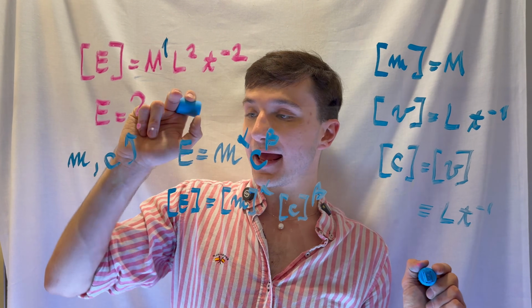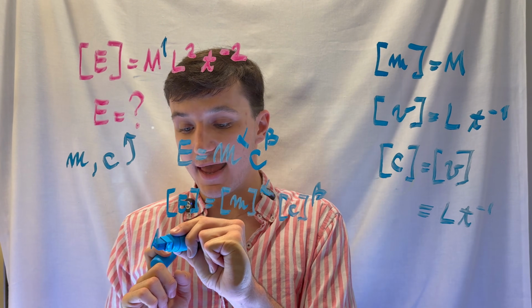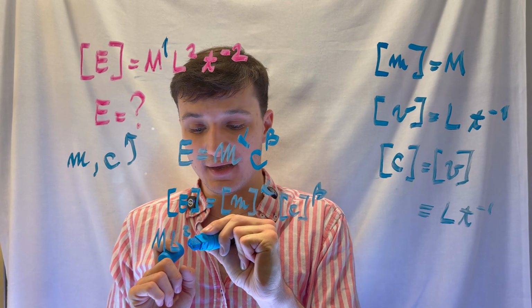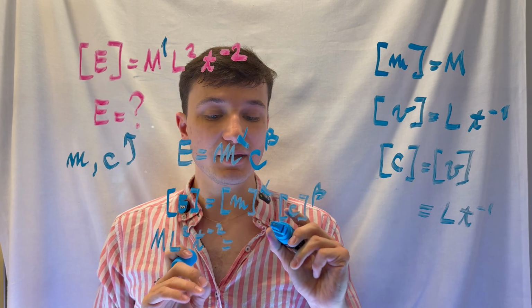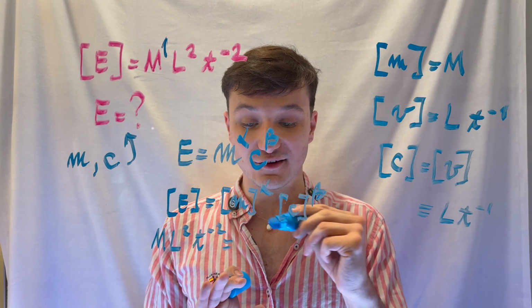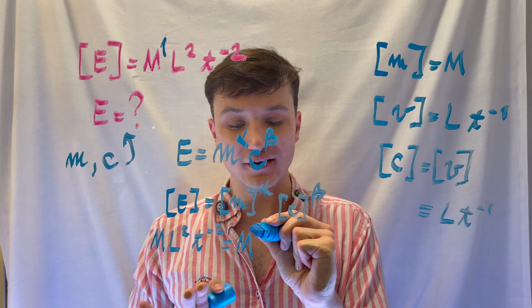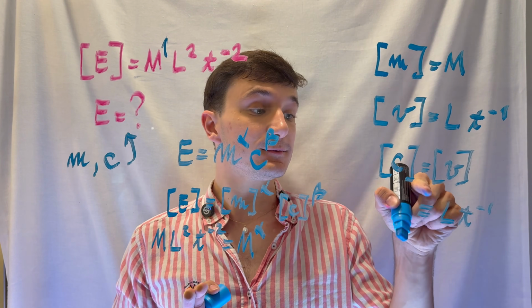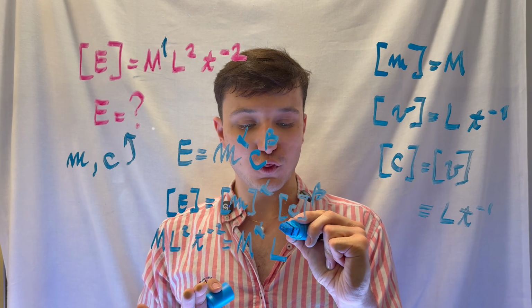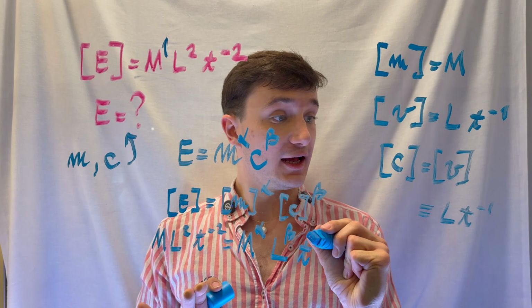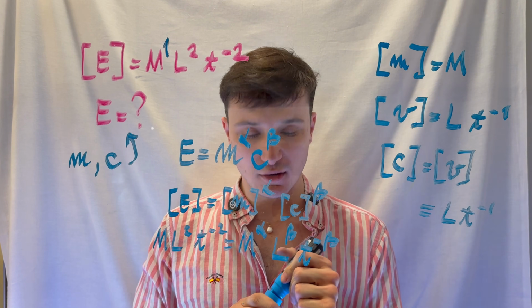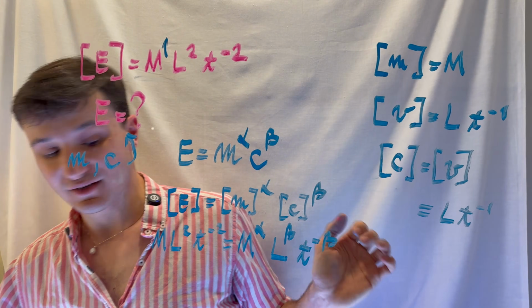On the left side, I input what I wrote upstairs. M L squared t to the minus 2 needs to be equal to, the dimensions of mass are, of course, mass raised to the alpha power, and then speed has length to the beta power, time to the minus beta power. I think you already see it, right?